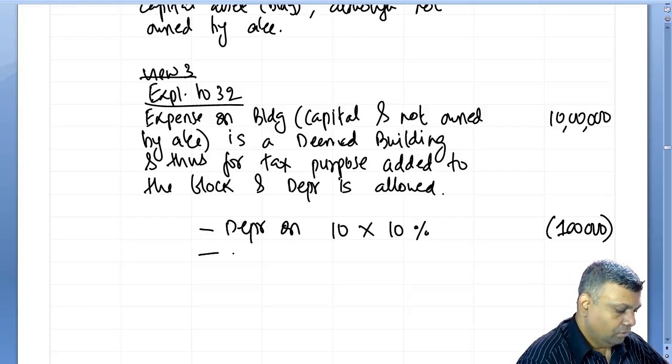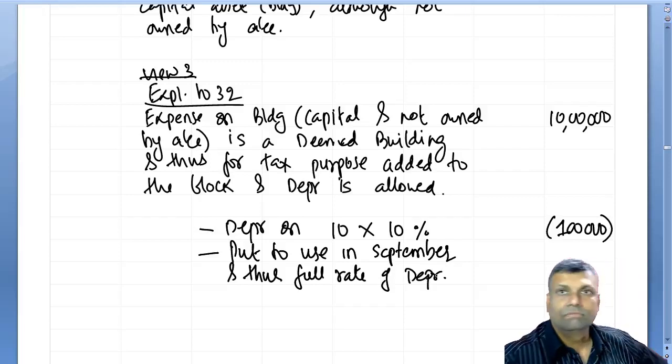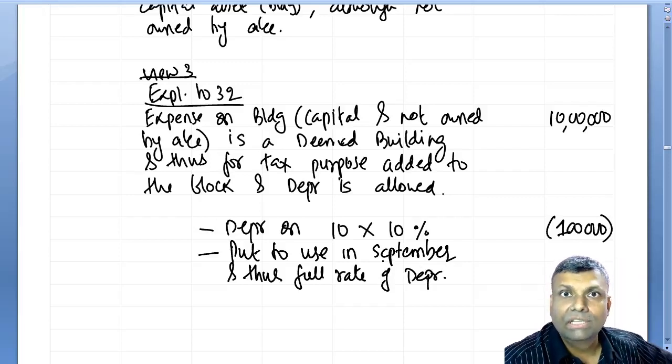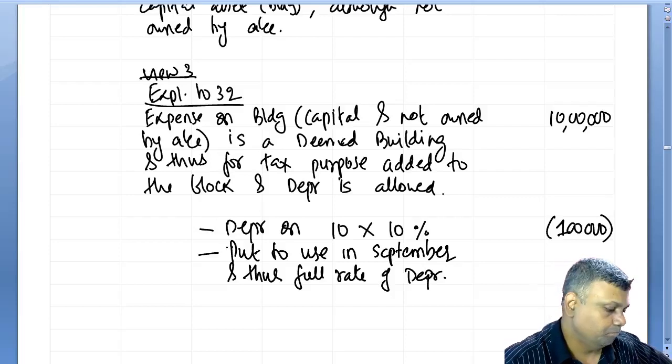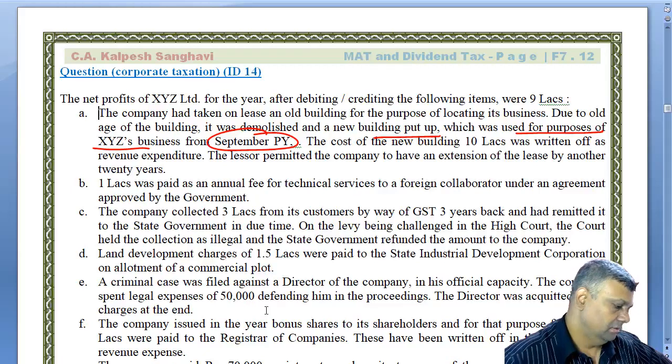And I can also write a note, put to use in September, and thus full rate of depreciation, because income tax depreciation is full rate or half rate. Come to the next point.